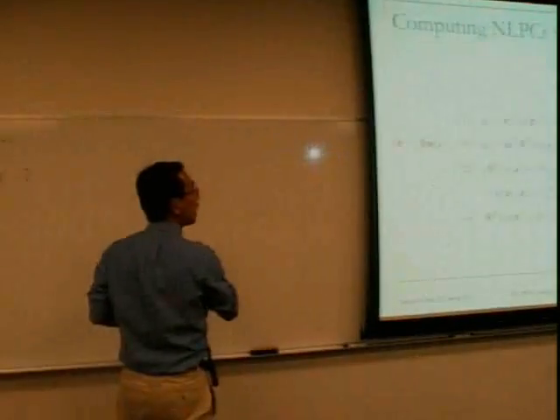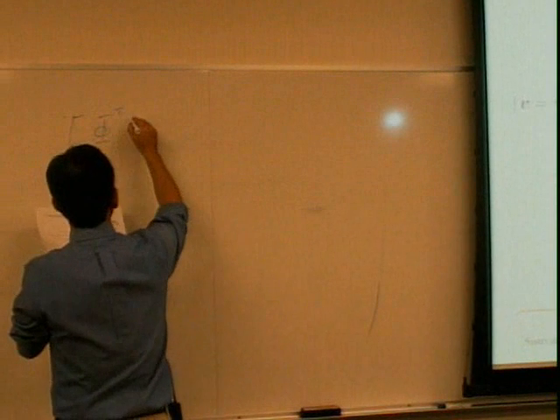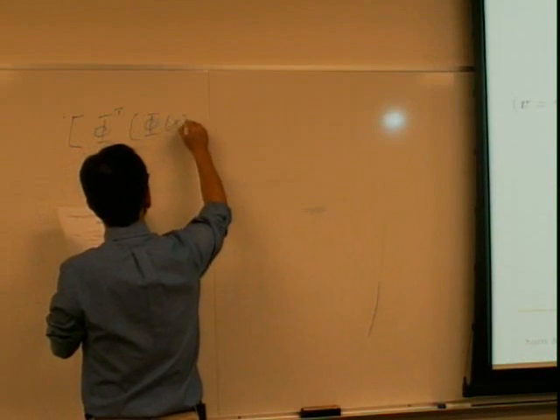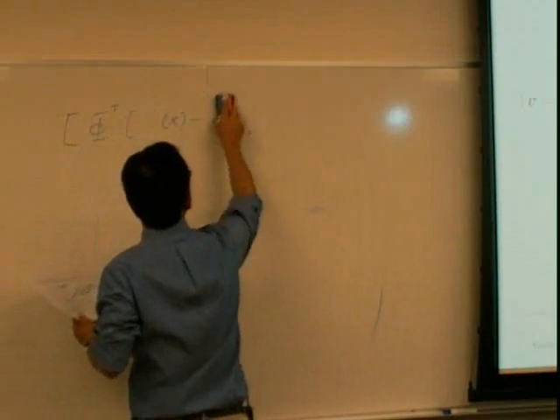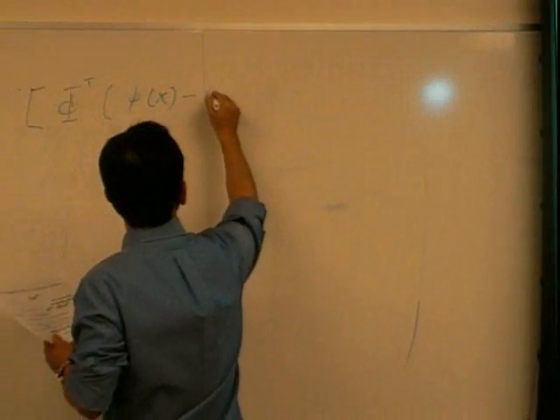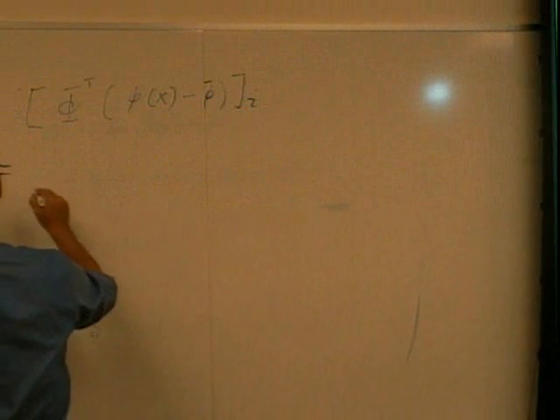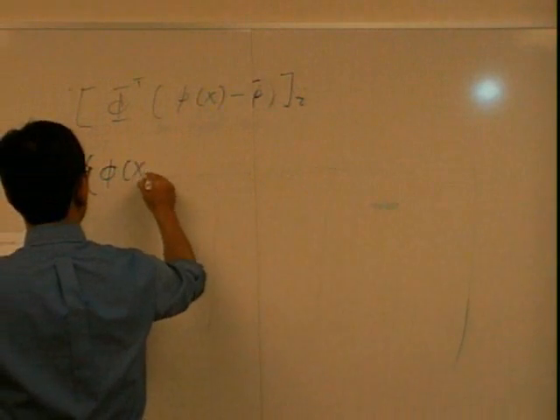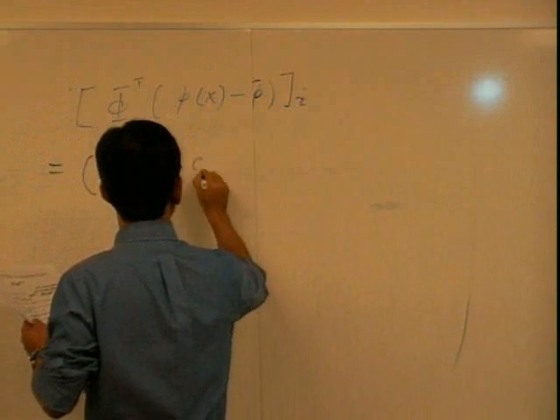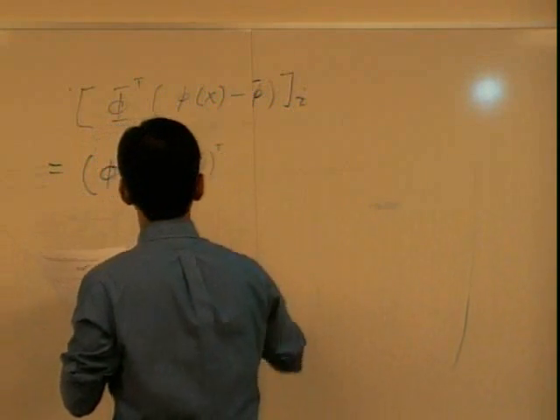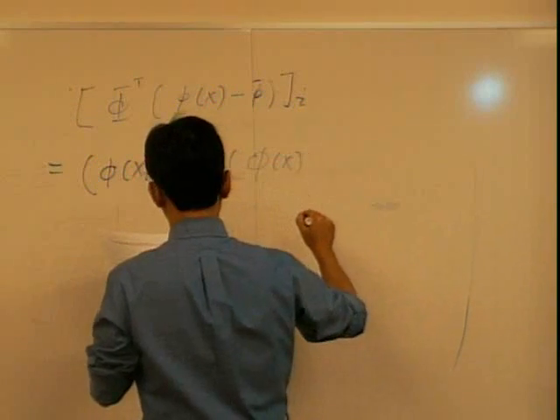So the ith element of this guy, phi matrix transpose times the normalized version of the embedded sample x, is nothing but the embedded version of the x_i sample times the new sample x.